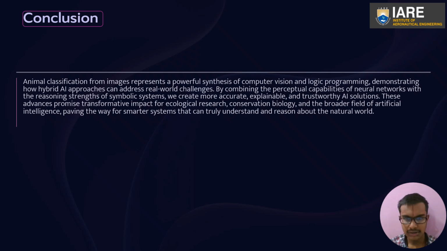We create more accurate, explainable, and trustworthy AI solutions. These advances promise transformative impact for ecological research, conservation biology, and the broader field of artificial intelligence, paving the way for smarter systems that truly understand and reason about the natural world.